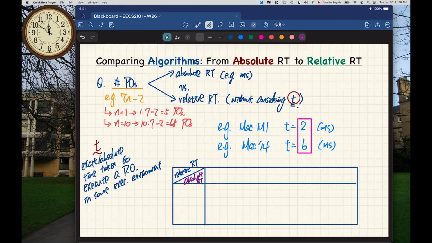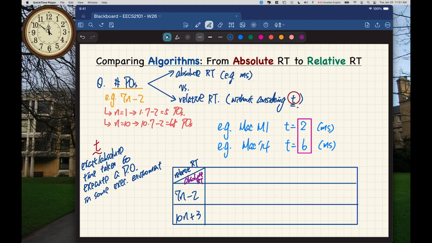And let's talk about two different algorithms, hypothetically. So I'm going to divide into two algorithms. Let's say I've got 7n minus 2, and another one, 10n plus 3.